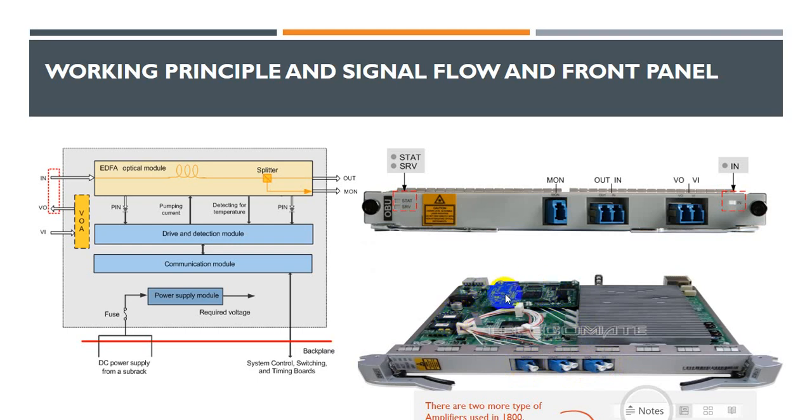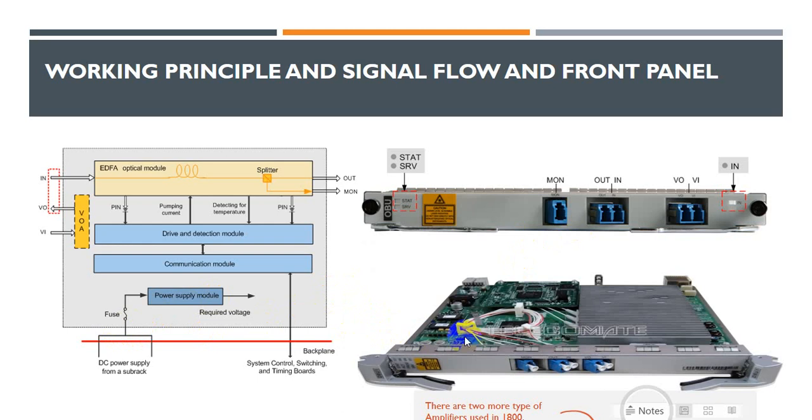That circuitry is to monitor the variable attenuator, and to have communication with the controller board, which we will cover later on. So there is a controller board which controls this board, and that controller board is finally controlled from the NMS. In the Huawei case it is U2000 actually.